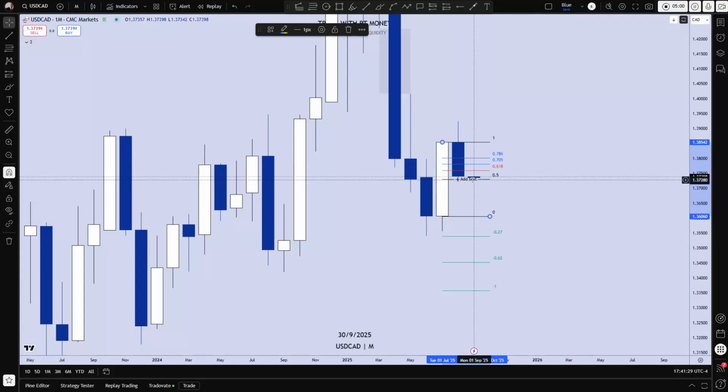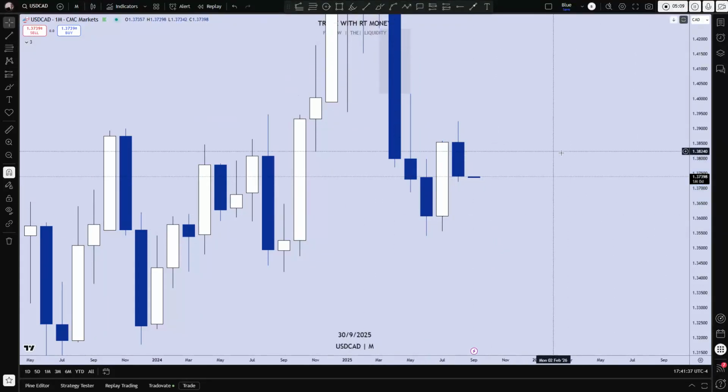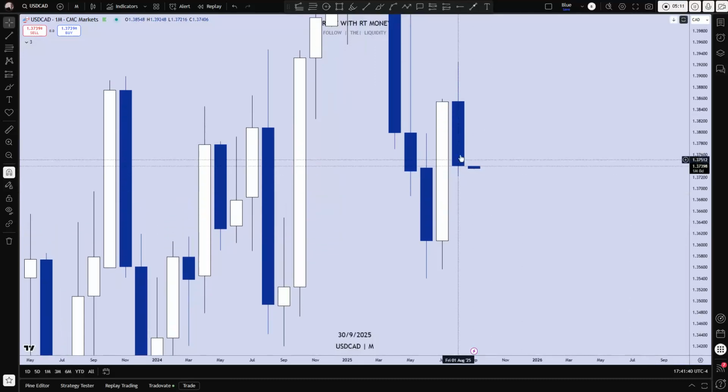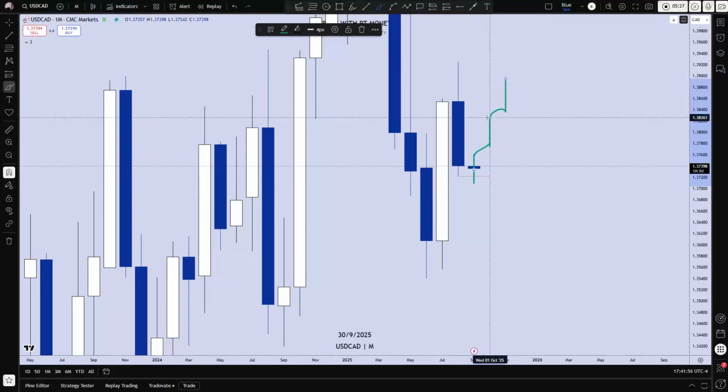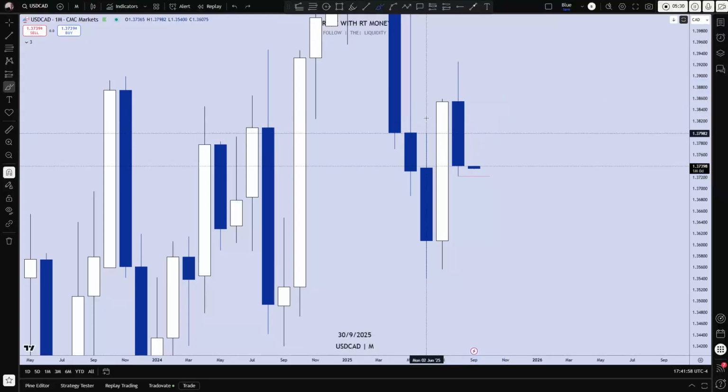Now, we want to see if we get continuation in September. But I'm looking for price to trade towards this low, taking that low as it's showing respect to the July consequent encroachment, and I'm looking for price to possibly continue higher from there.